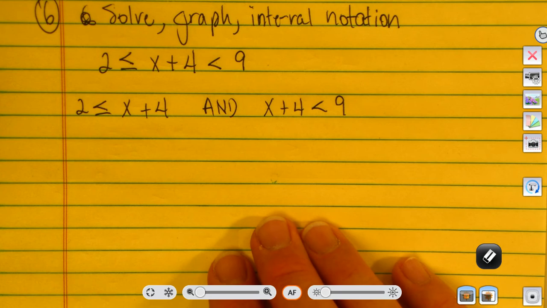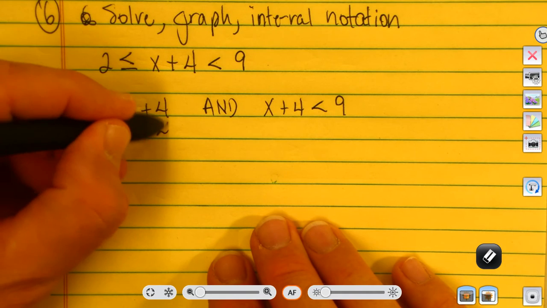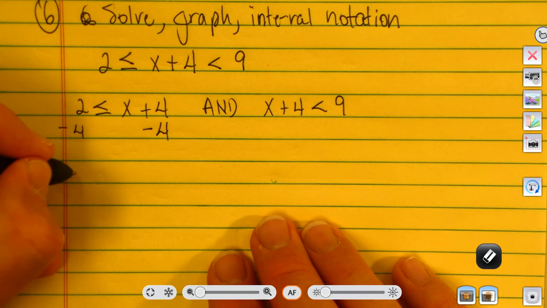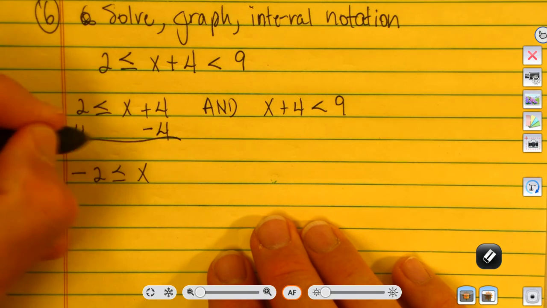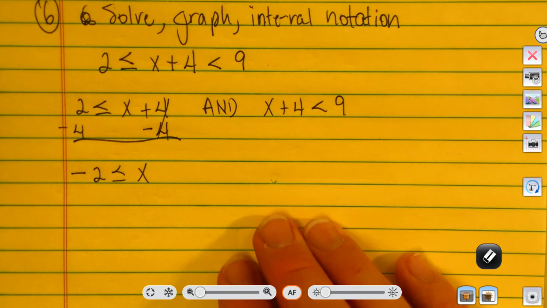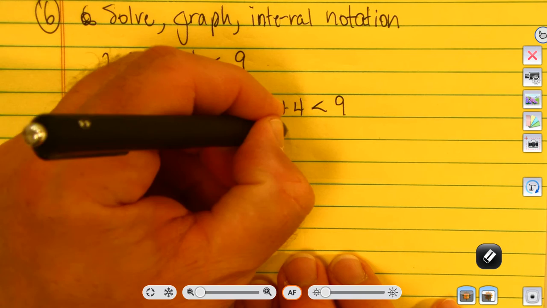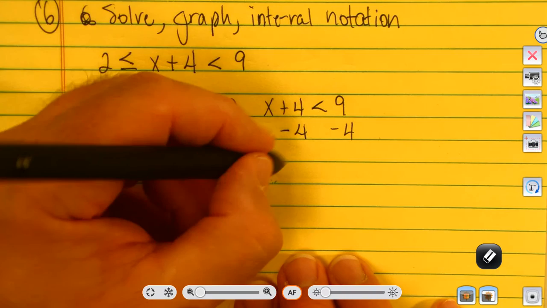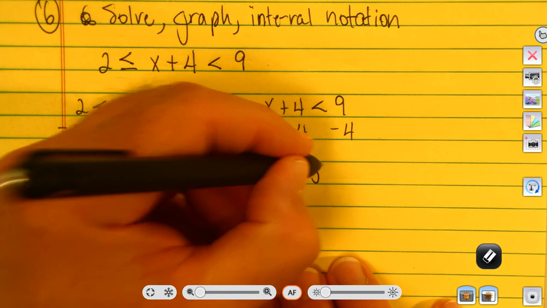So I'm going to use the same things I always use to solve. I'm going to subtract 4 from both sides, and I'm going to get negative 2 is less than or equal to x. Those cancel. And here I'm going to do a similar sort of thing, subtract 4 from both sides, and I find out that x is less than 5.